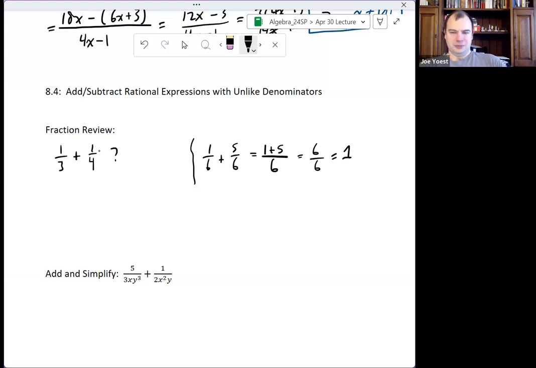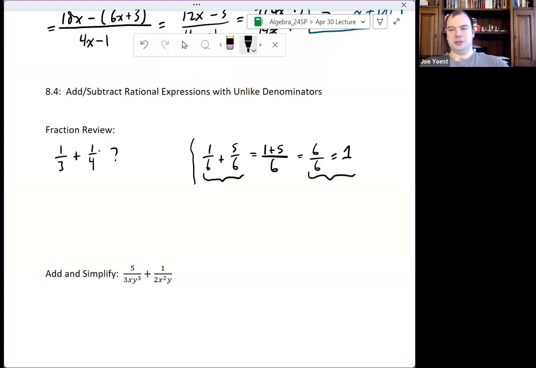So there's two ideas I want to make use of here. One is that if I can make an unlike denominator problem look like a like denominator problem, I already know how to solve that. And I can leverage the fact that a over a equals 1 as long as a is not 0.